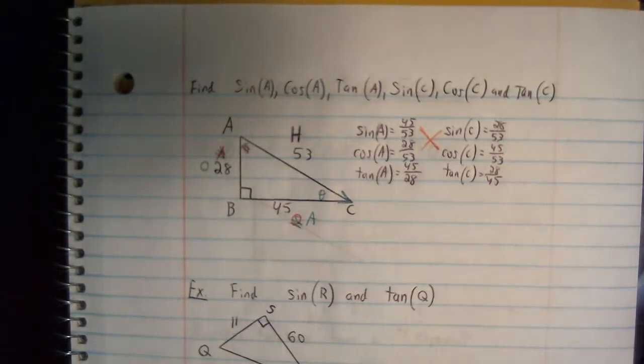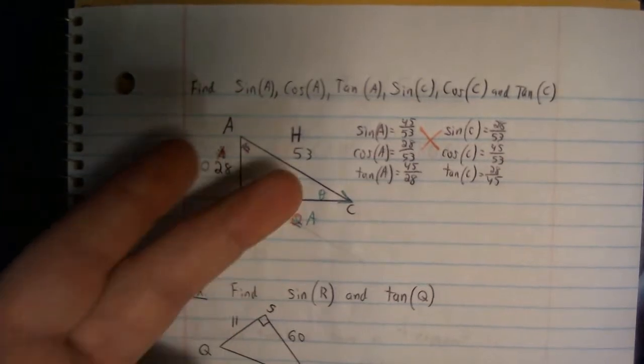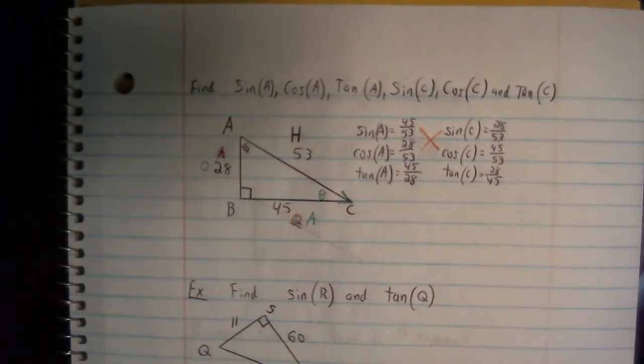That should make sense because all we did was switch the side association with the values, so it should make sense. What that means is that the sine and cosine of complementary angles, those that add up to 90, are going to have the same solution.